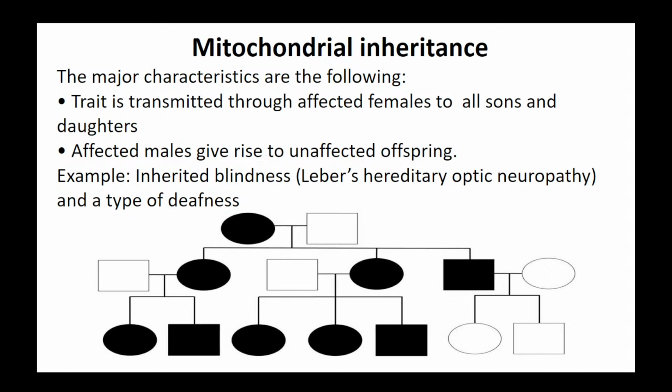So we can see that male and female can be affected, but the affected female transfers these characteristics to all sons and daughters, and the affected male doesn't transfer this characteristic to his children, because during fertilization from the male only genetic material of the nucleus takes part.